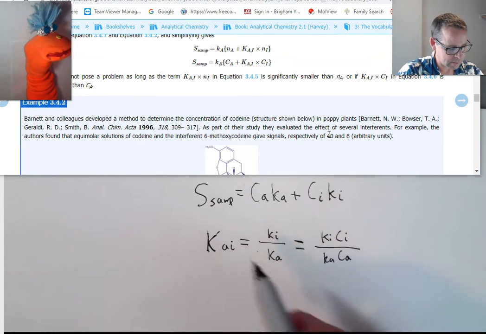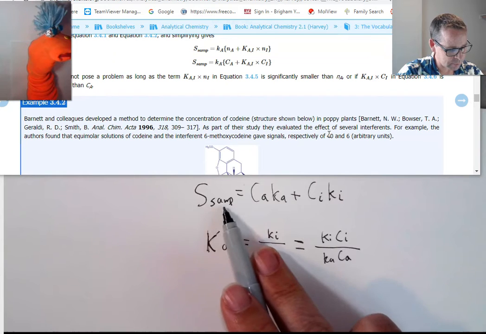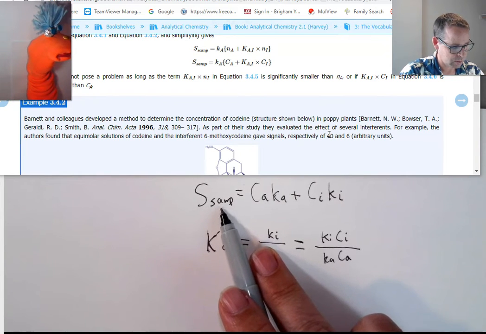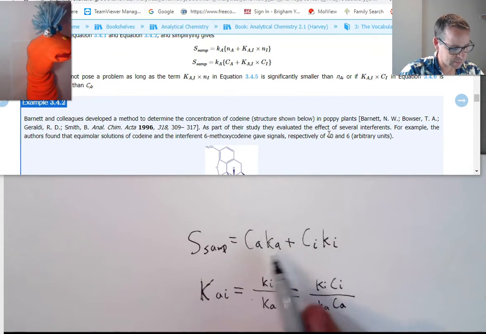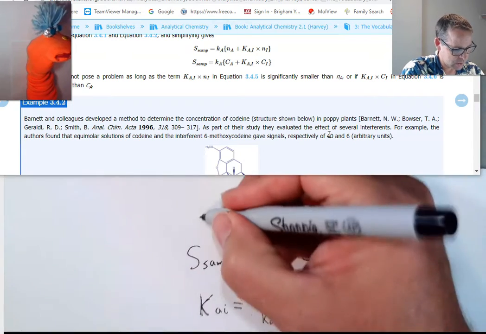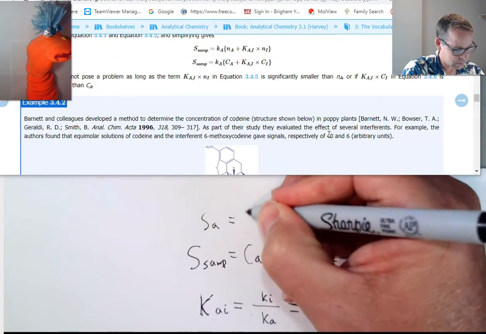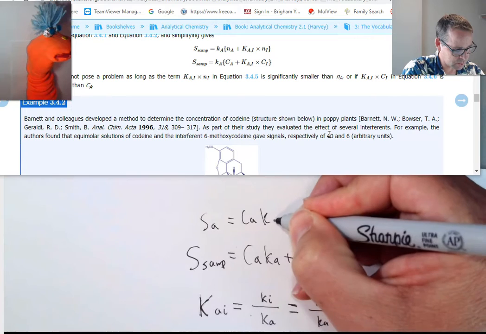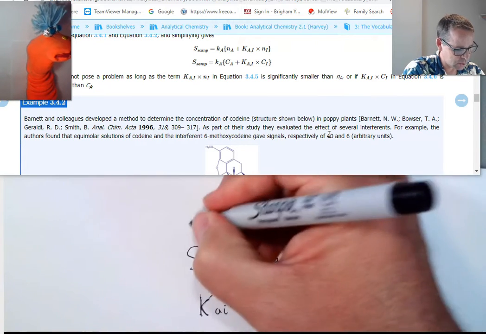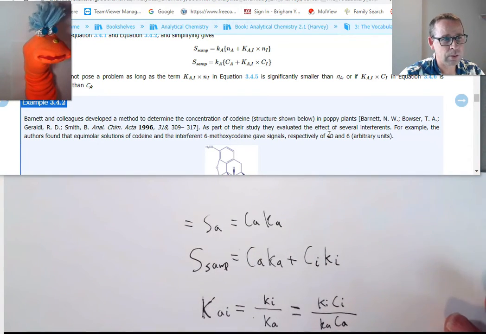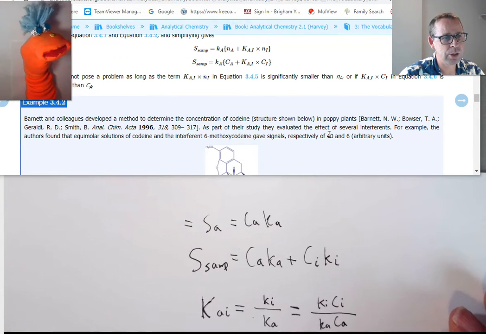Okay? And we know that for our sample here, we have some data, right? We know that the signal for the analyte, the concentration of the analyte times the constant for the analyte, equals what? Is that the 40?